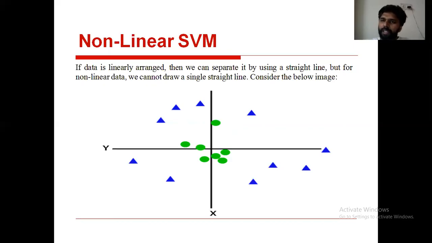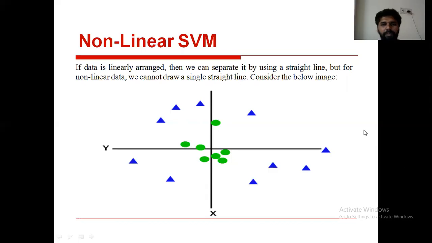Such data is treated as non-linear data or non-linearly separable data. To handle it, we use a support vector machine construction process other than straight lines, called the non-linear support vector machine.